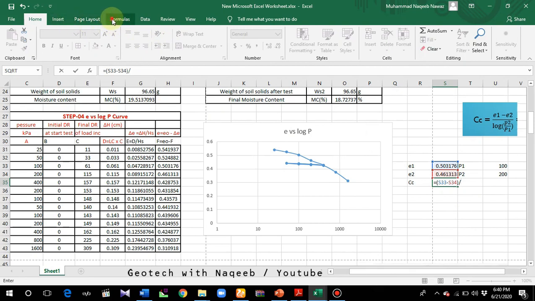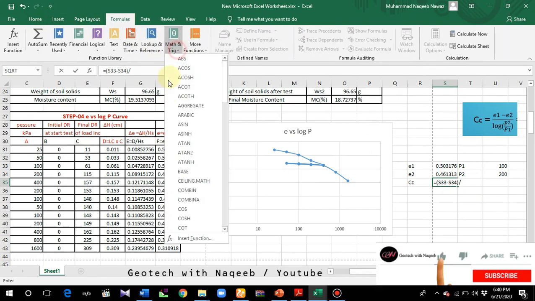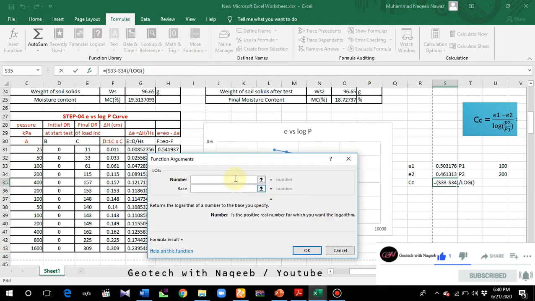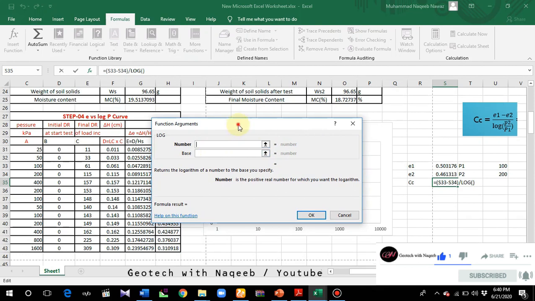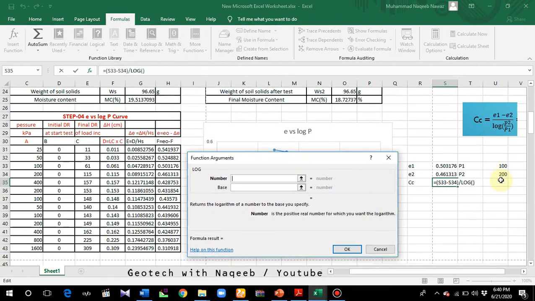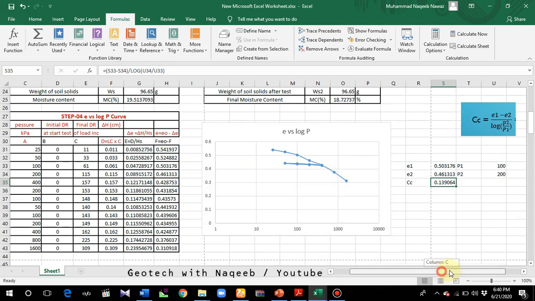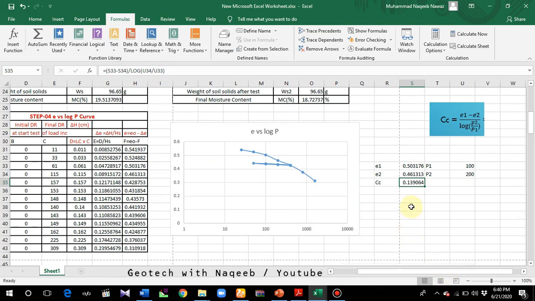For this one, we'll go to formula, here log formula. I'll have to select log from here. This dialog box will open. Now you will have to select P2, this value divided by this value, and the formula is applied over here, CC. So my C sub C value is 0.139.